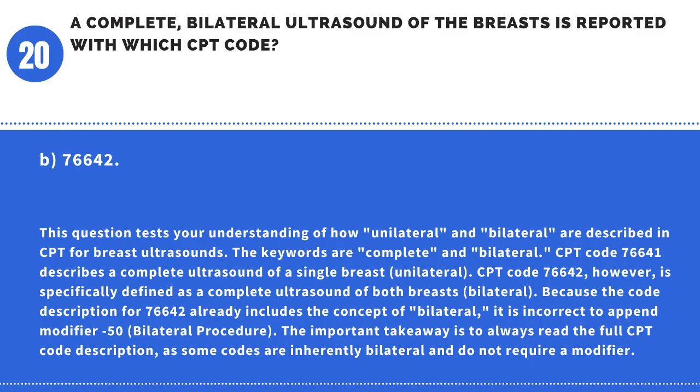CPT code 76642, however, is specifically defined as a complete ultrasound of both breasts, bilateral. Because the code description for 76642 already includes the concept of bilateral, it is incorrect to append modifier -50, bilateral procedure. The important takeaway is to always read the full CPT code description, as some codes are inherently bilateral and do not require a modifier.